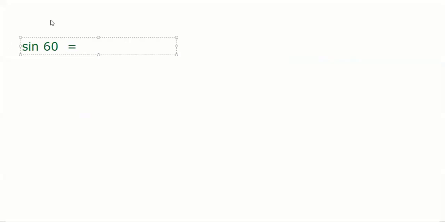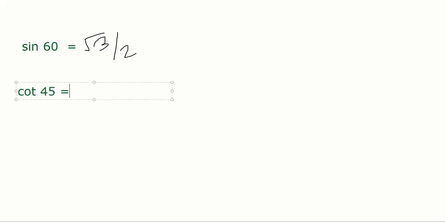Right. 0 by 4, 1 by 4, 2 by 4, 3 by 4. तो 3 by 4 का रूट लिया, आ गया. If I ask cot 45, ये सब माइंड में होना चाहिए guys. You can do questions very easily.